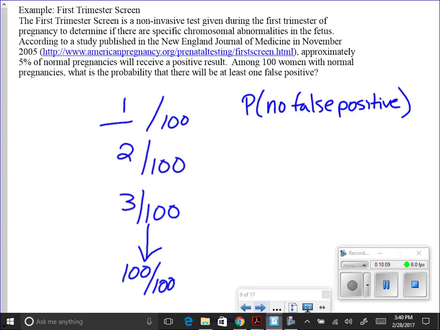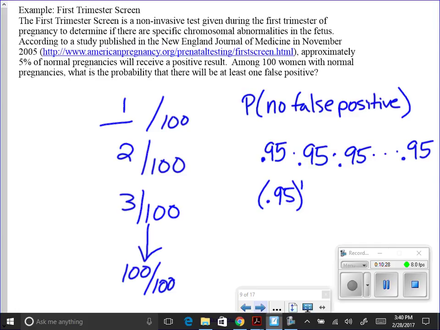So the probability of getting no false positives, that would be 0.95 for the first person, 0.95 for the second person, 0.95 for the third person, so on and so forth until I got to the 100th person. So it would be 0.95 to the 100th.